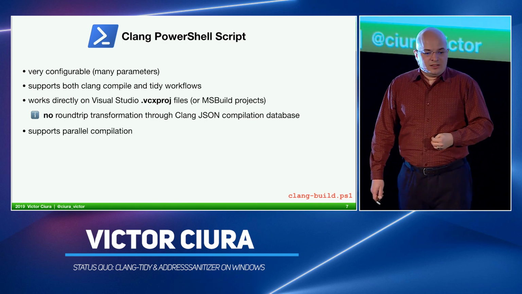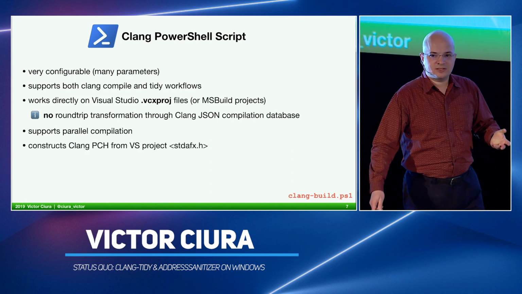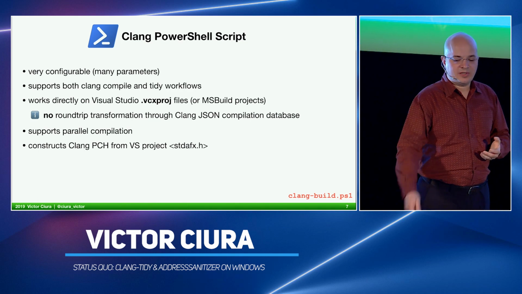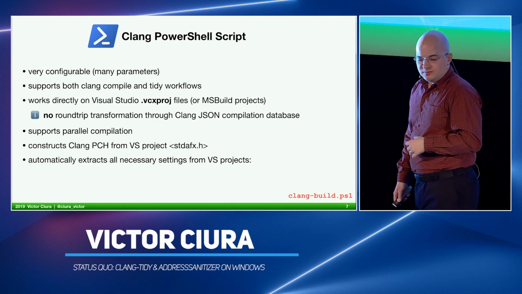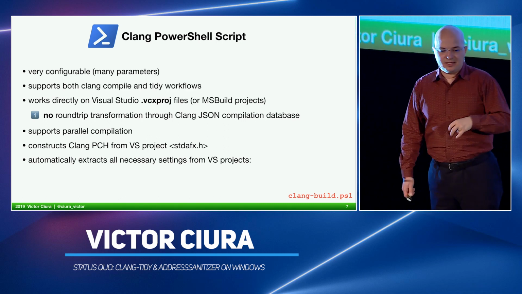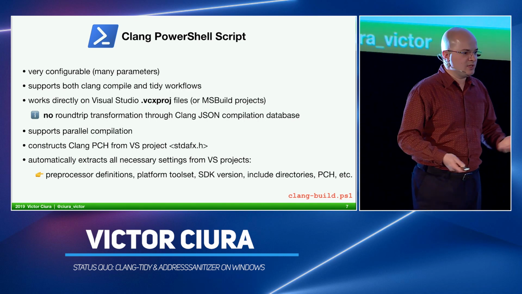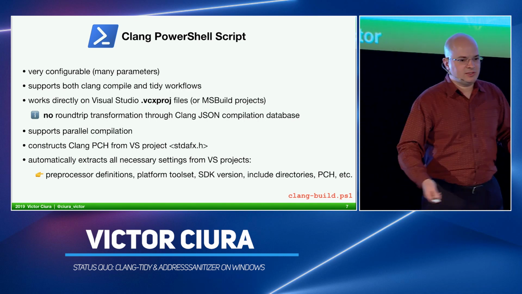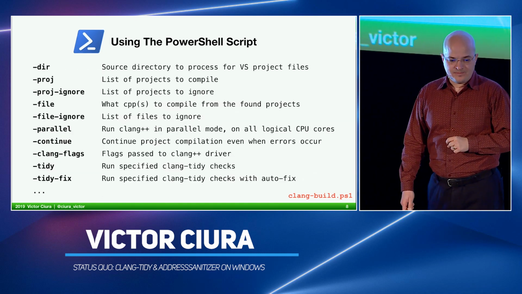So it does all the heavy lifting. It supports parallel compilation and constructs precompiled header files so we can speed up compilation under Clang. It automatically extracts all this information from the Visual Studio projects, including preprocessor definitions, platform toolset, include directories, PCH information, and whatever other things are necessary.